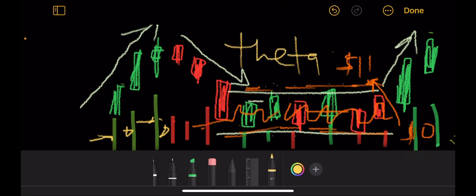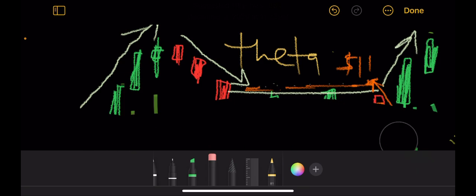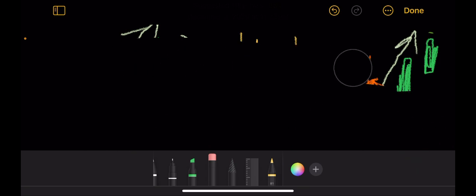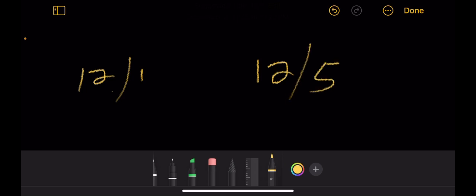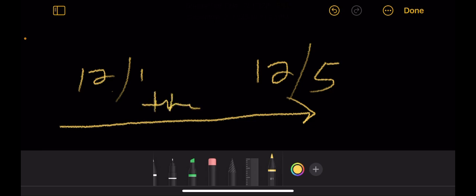Now, if you know about theta, then you pretty much know that as time gets closer to the expiration date, and each stock option has an expiration date, say you buy an option on December 1st and the expiration date is December 5th, as time moves, your theta starts to drain away.